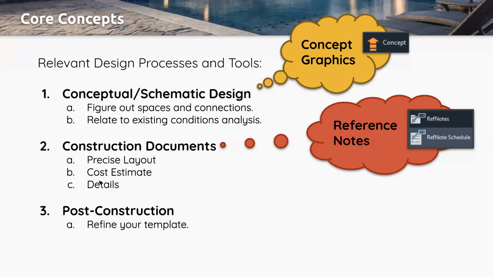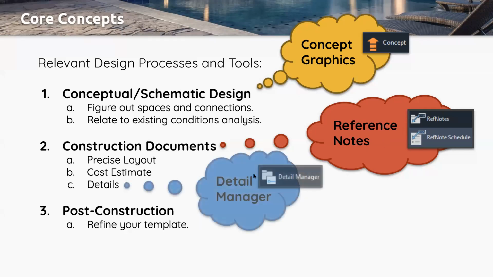And if you want to use a manufacturer, you might want to pull all of that information, and you can do all of that with reference notes, as well as with the detail tools. Those details you can link to the detail manager and get those construction documents together. So reference notes and detail manager can do all of this with just a little bit of setup that we're going to go through today.